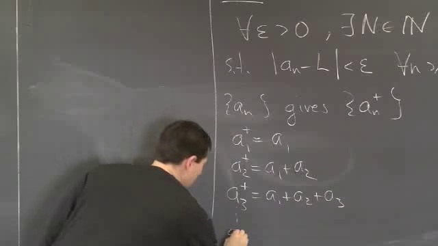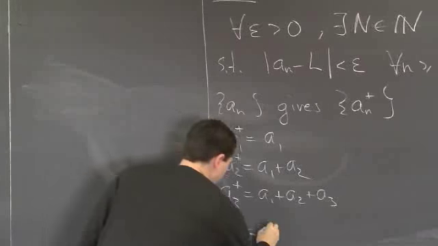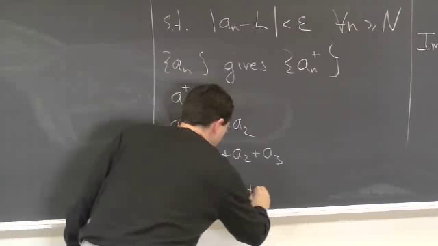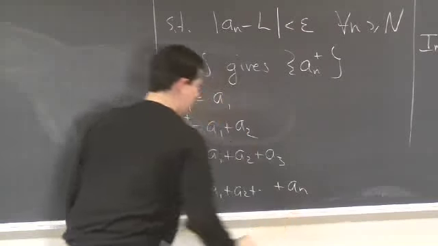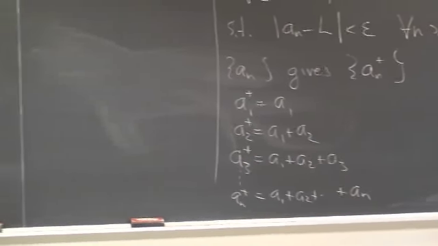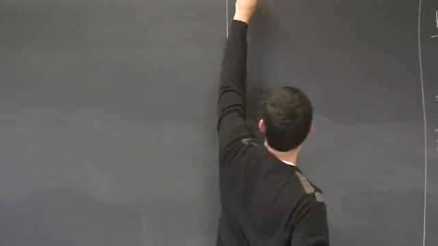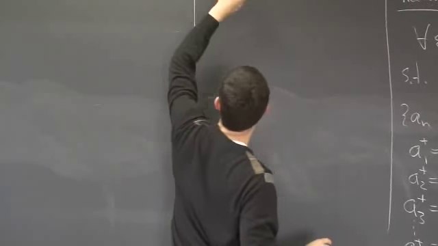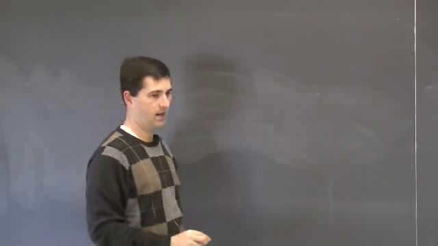And an plus is a1 plus a2 plus up to an. So you get a new sequence, this an plus.